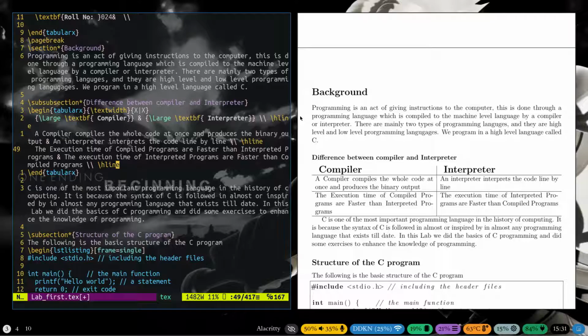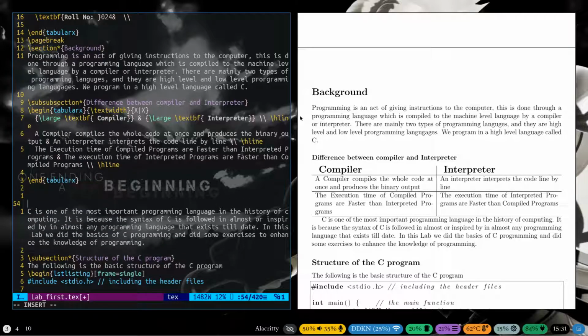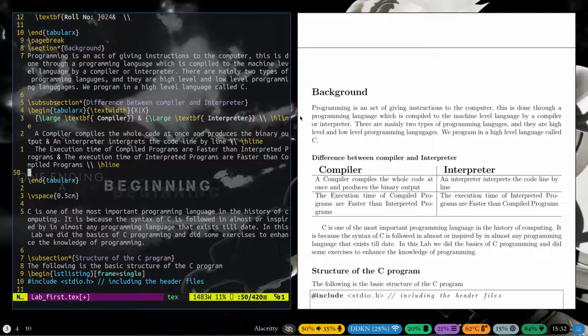What are the others? I think a little bit of vertical space is needed right there. Space 0.5 centimeters. Okay, maybe. The gap is a little bit larger.